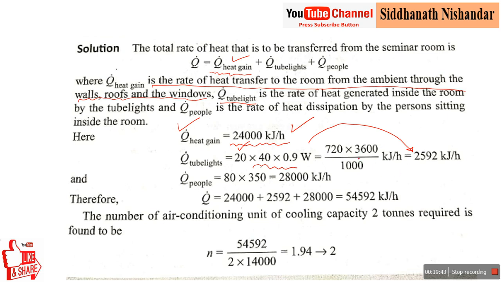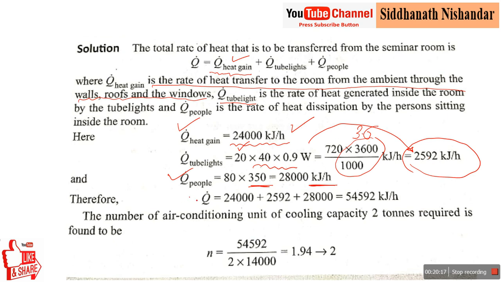And the last one is the people: 80 people, each rejecting 350 kilojoule per hour, so just multiply by 350 and you get the unit in kilojoule per hour. Both are now in kilojoule per hour, we just need to convert the one in watt to kilojoule per hour by multiplying by 3.6.